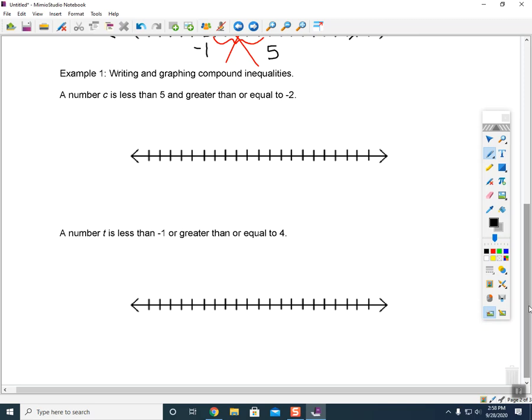We're going to write some inequalities and we're going to graph them. A number c is less than 5. Well, I can read that and say, oh, I see that. C is less than 5. And c is greater than or equal to -2.